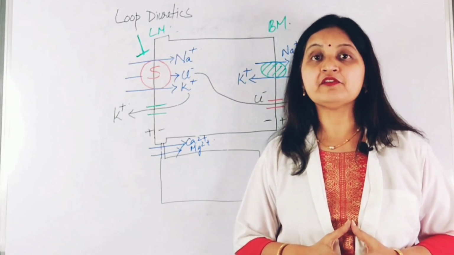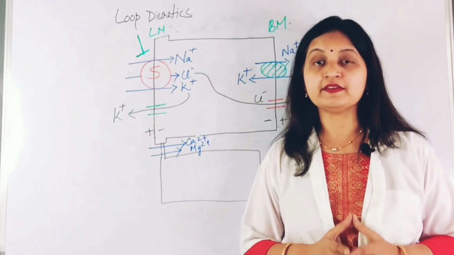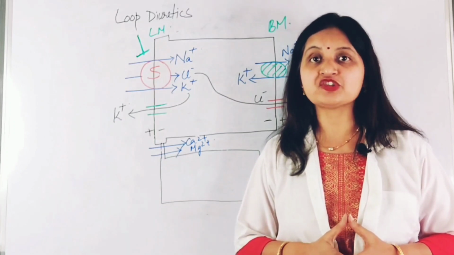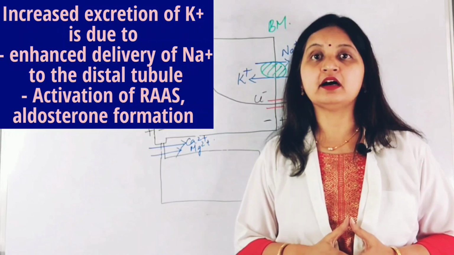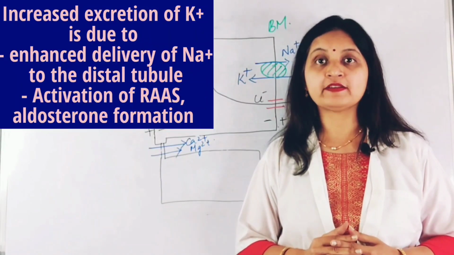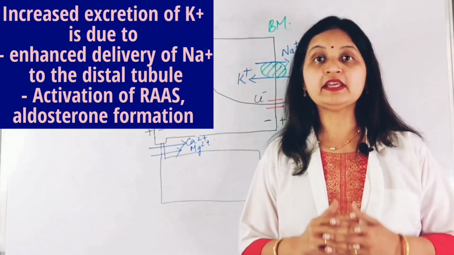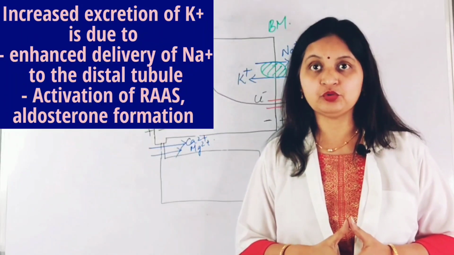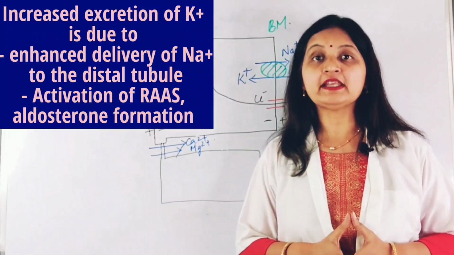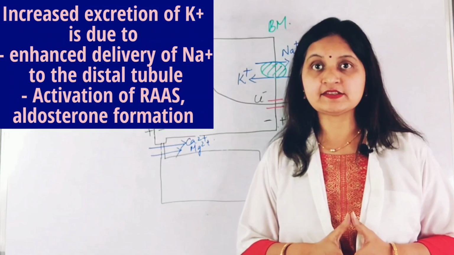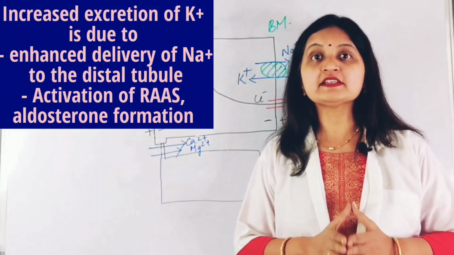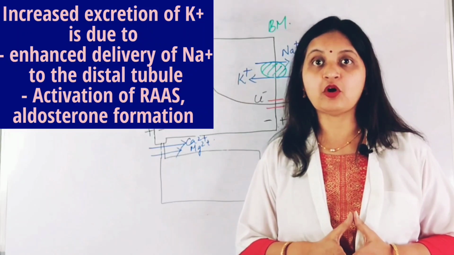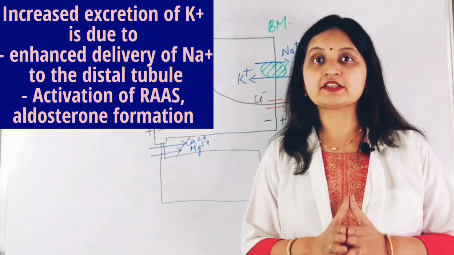Because of increased delivery of sodium to the distal tubule, there is increased excretion of potassium and hydrogen into the lumen, and this decreases the potassium levels in the body, causing hypokalemia and increased potassium excretion in urine. Also, the loop diuretics stimulate the renin-angiotensin system, causing increased aldosterone formation, which increases the sodium and water absorption and causes increased potassium excretion.